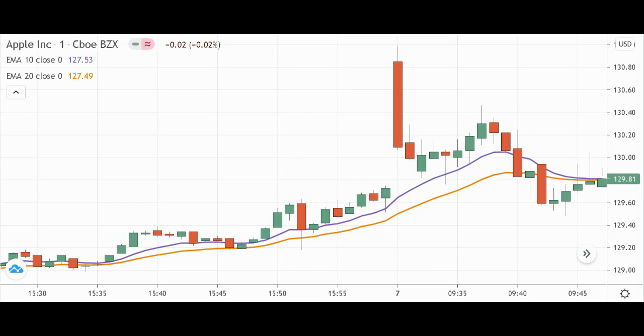So let's take a look at what this might look like as a trader. You've got the 10 above the 20, so let's say you're long using the strategy. And look over here. It looks like the 10 is about to go below the 20. So you're about to go short, right? Well, you don't know that. That's predicting.